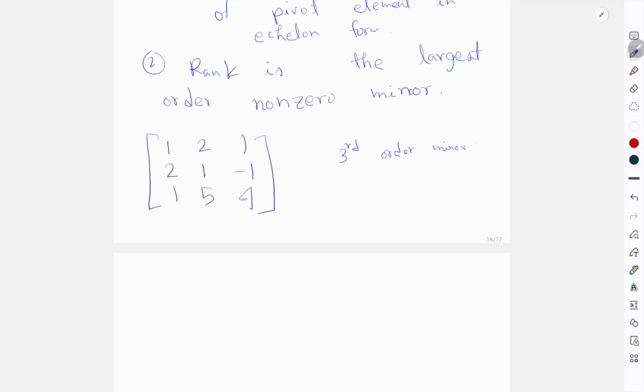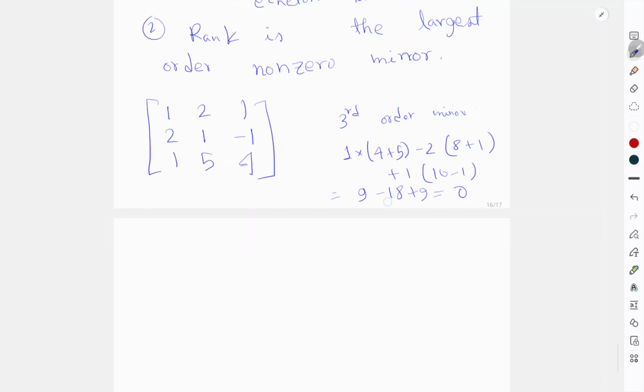If you find its determinant, you check whether it is non-zero. So 1 into 4 plus 5, minus 2 into 8 plus 1, plus 1 into 10 minus 1. What are you getting? 9 minus 18 plus 9. You see, you are getting 0. So the third order minor is actually 0.